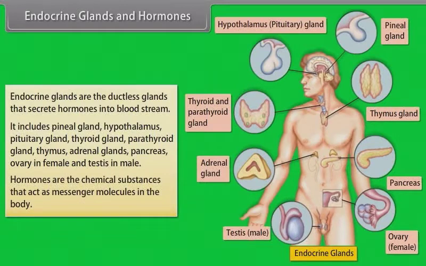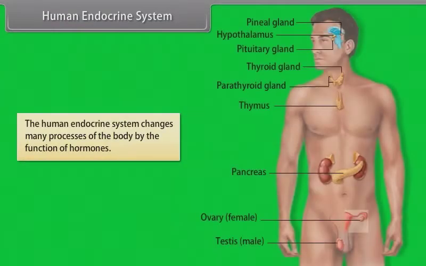Hormones are the chemical substances that act as messenger molecules in the body. Human endocrine system. The human endocrine system changes many processes of the body by the function of hormones.